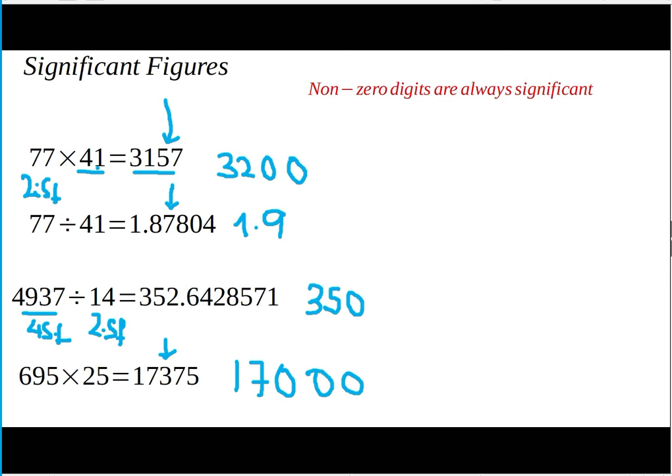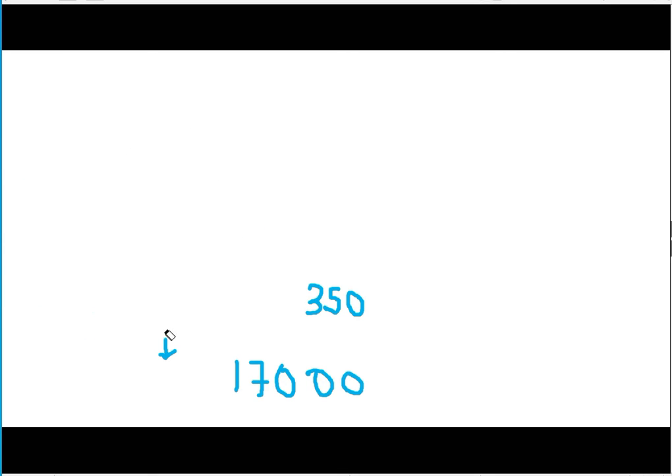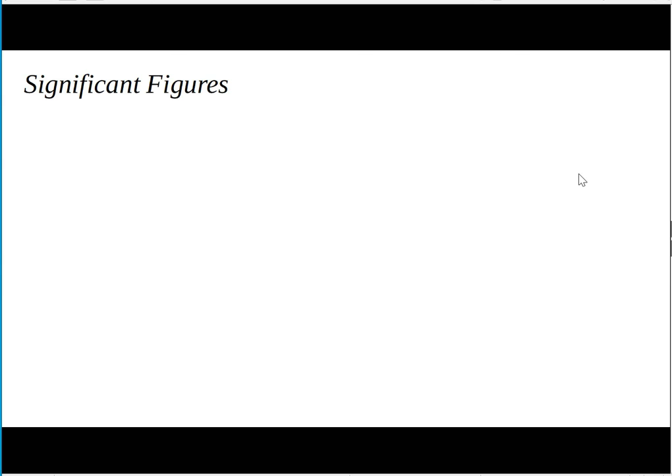Okay, now we are going to look at special cases where we have zeros, because zeros have some exceptions. Here we go. Zeros between two significant figures are significant.